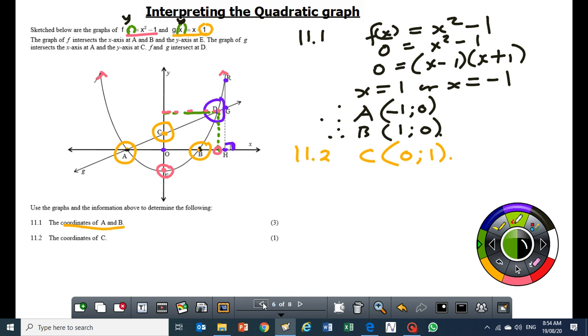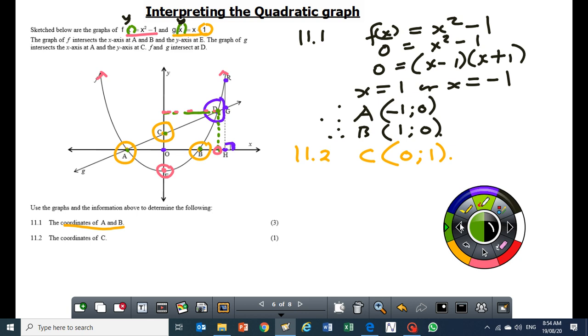Now our critical points to get the solution are the x-intercept, y-intercept, and also the point of intersection. So these three points are our critical points. So our critical points are this point, that point, that point, that point.